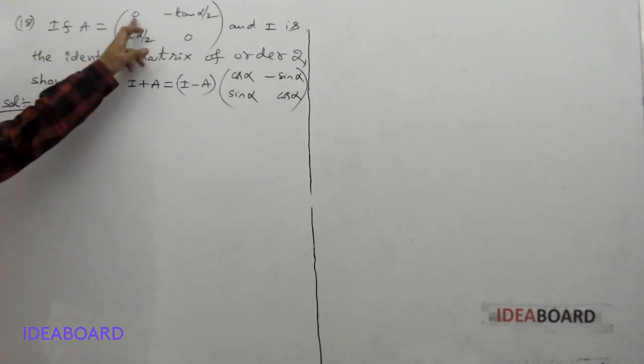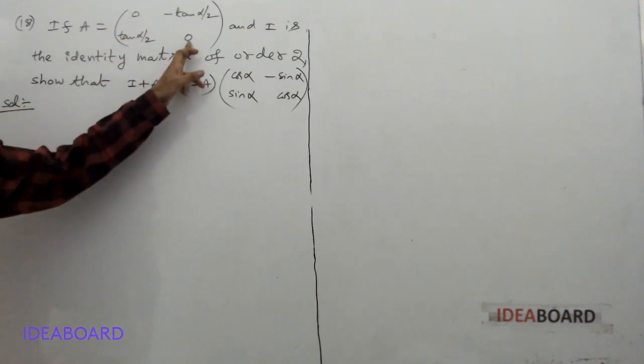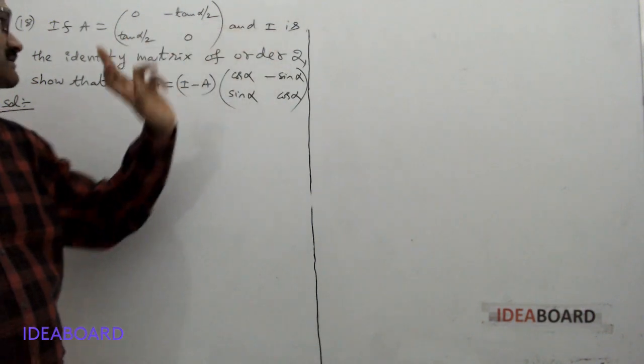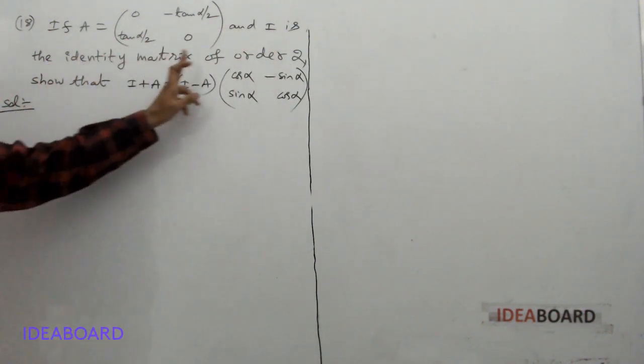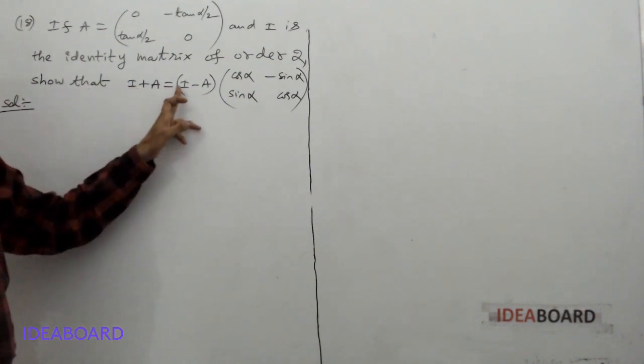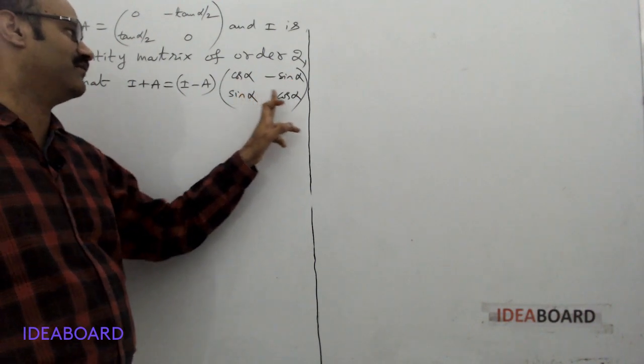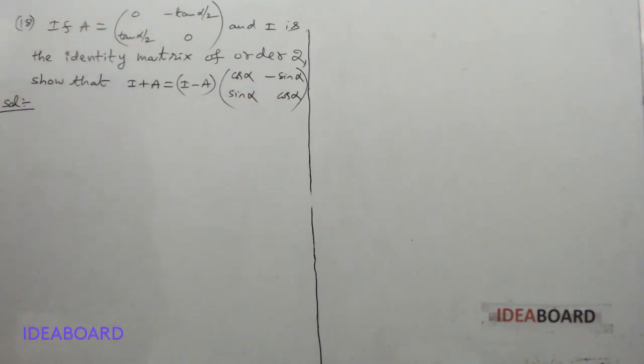If A equal to the matrix 0 minus tan alpha by 2, tan alpha by 2, 0, and I is the identity matrix of order 2, then show that I plus A equal to I minus A into cos alpha minus sin alpha, sin alpha cos alpha. Now take LHS.